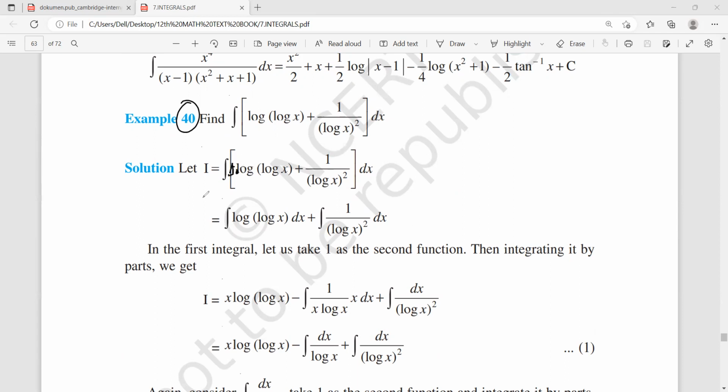Take 1, then apply the UV rule. Actually, there is a shortcut for this, so I'm just thinking about some other alternative. Of course, if you do it like this, then you get 1 by log x whole square. Then it gets cancelled actually.